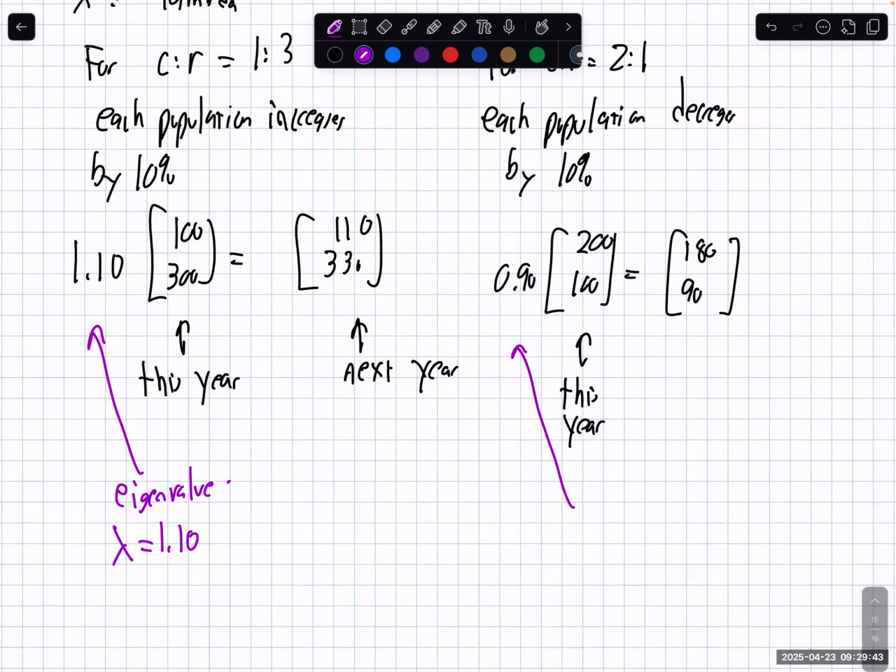So that relative change is called an eigenvalue.